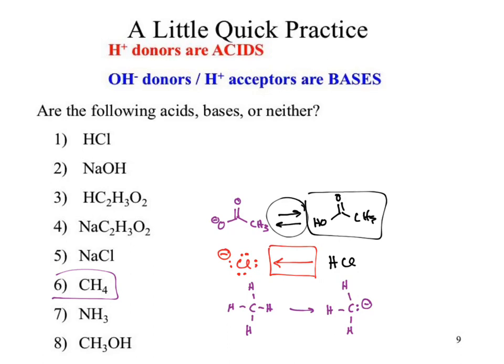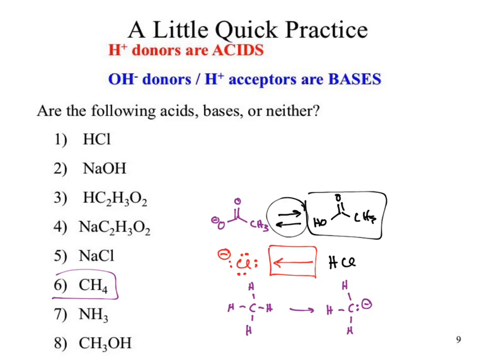It does have an octet, it has a charge. But I could have the negative chloride. I could have the negative oxygen. Carbon, in comparison to chlorine and oxygen, is not electronegative, which means it's not going to like the negative charge.